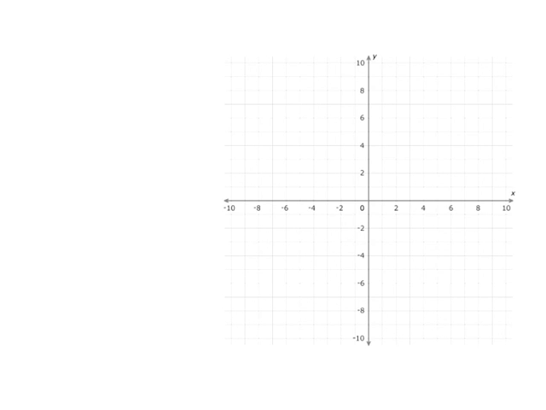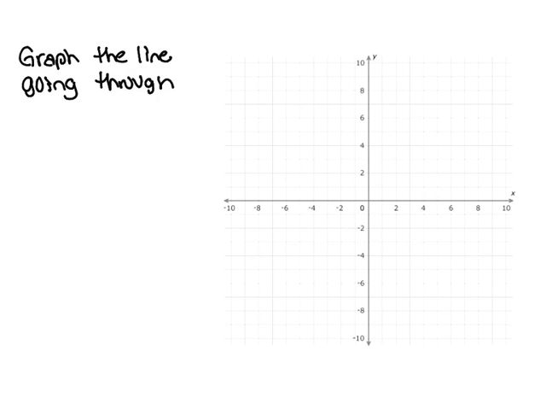What about graph the line that is going through the point 4, 0 and has a slope of 1/4.